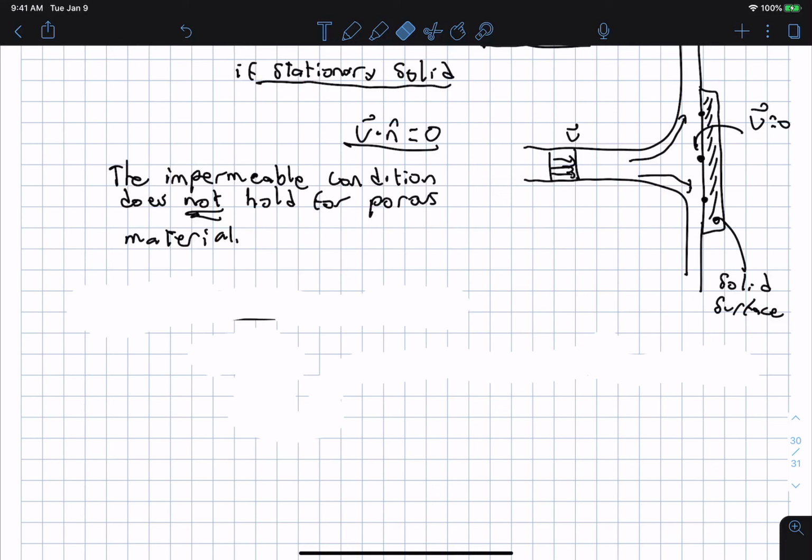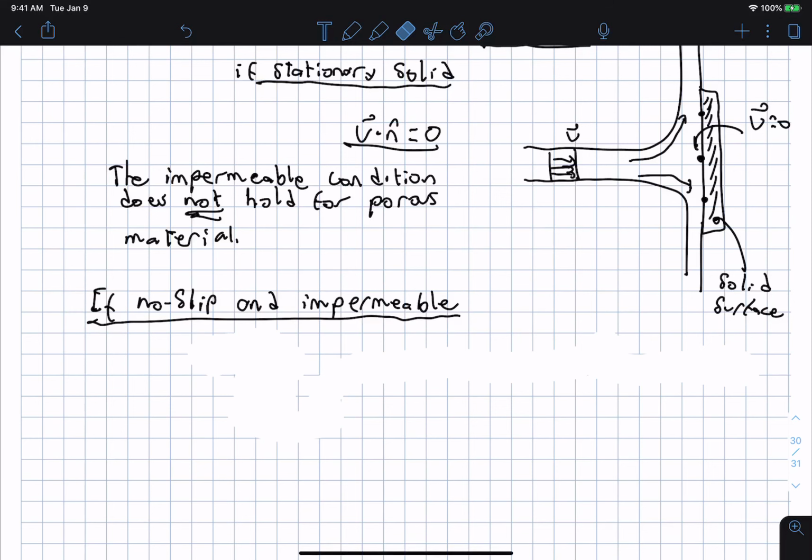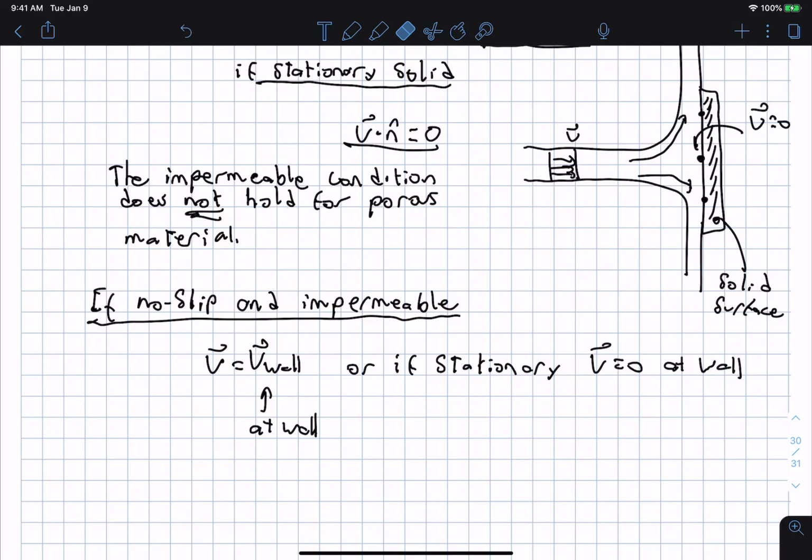But finally, if you have both no slip and impermeable wall conditions, then the fluid velocity at the wall is equal to the velocity of the wall, or if the wall is stationary, you can make the blanket statement that the fluid velocity is 0. You don't need to break it into tangential and normal components.